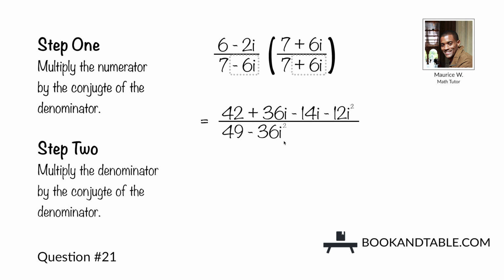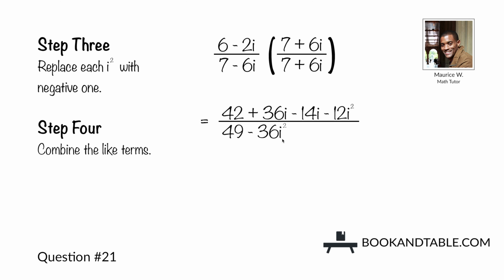So now that we've expanded the numerator and denominator, we want to replace each of these i squareds with negative 1, giving us negative 12 times negative 1, which is positive 12. And negative 36 times negative 1 is positive 36.